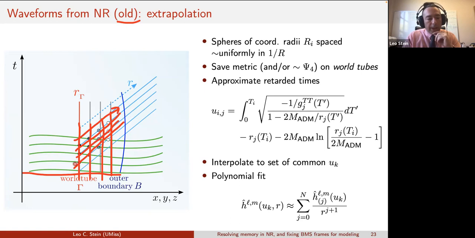And on those approximate null surfaces, we interpolate the data to a common set of times across all of those different spheres. And then you basically just do a fit in powers of 1 over r to this data. There are a lot of approximations going into here.